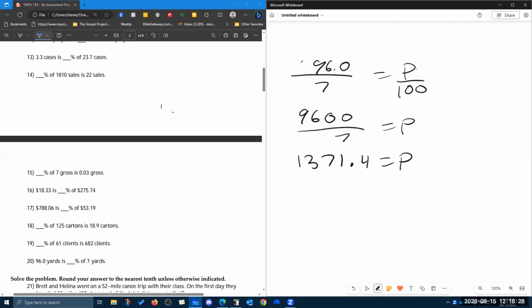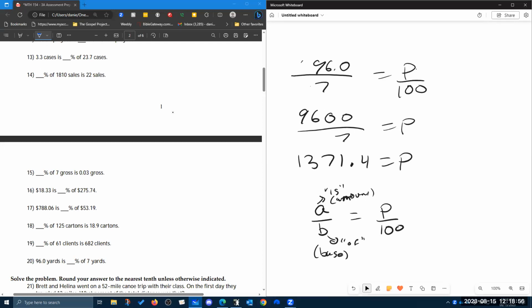Usually the formula looks something like A over B equals P over 100, where this is your is amount and this is your of amount. They're going to call A the amount and B the base. A for amount and B for base.